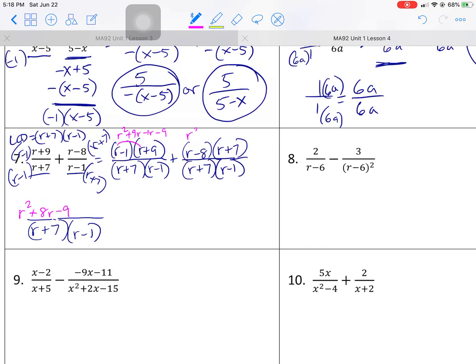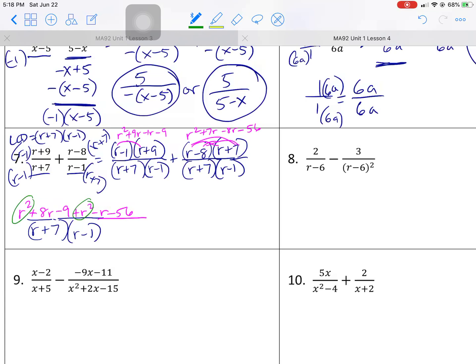Okay, this one is r squared plus 7r minus 8r minus 56. So this is going to be plus r squared, combine like terms, minus r, or you can put 1r, minus 56. Phew. And now we got to combine like terms.